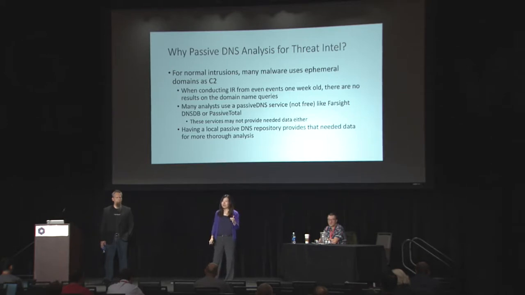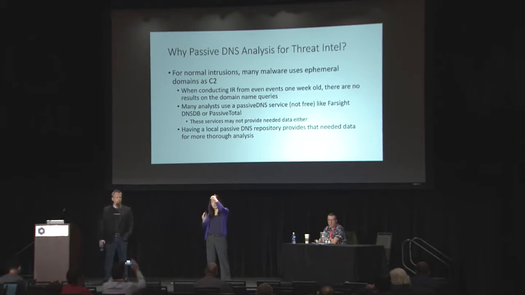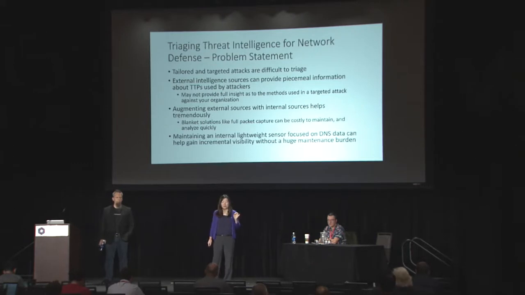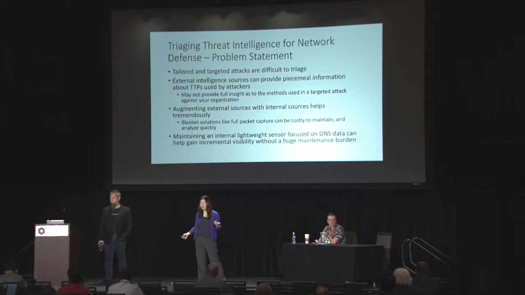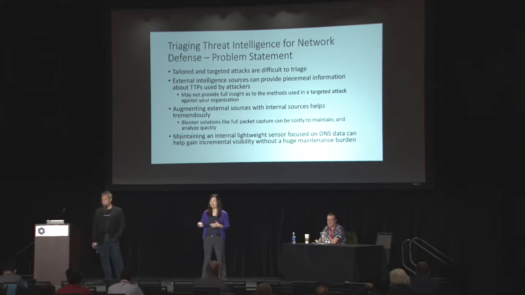So what we're looking for is more visibility inside our own network. And I'll show you, this will be clear in a minute, why that's important. But that's what we're missing right now, that visibility inside our network. It's very difficult for a threat intel analyst with limited information about the malicious domains that have been accessed by the endpoints inside their own network to put together a comprehensive picture of how the attack was staged and how it worked, right?